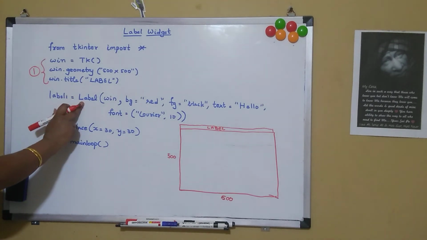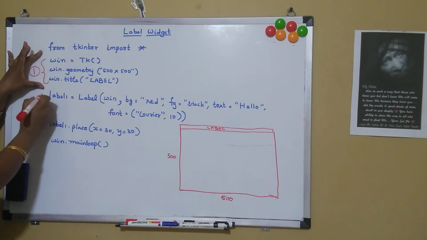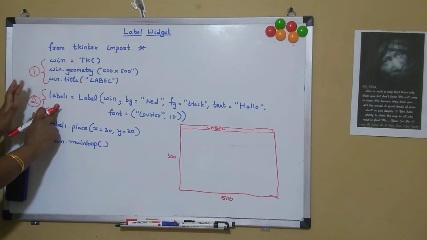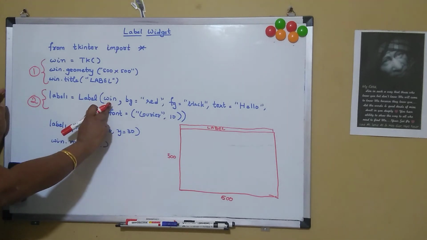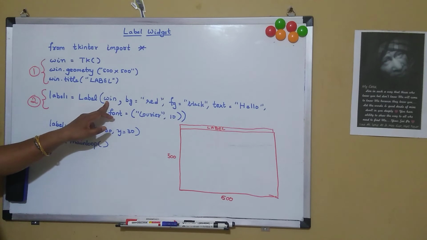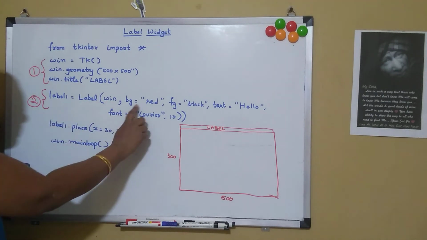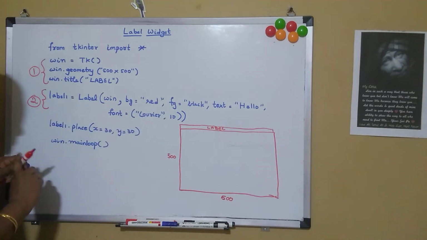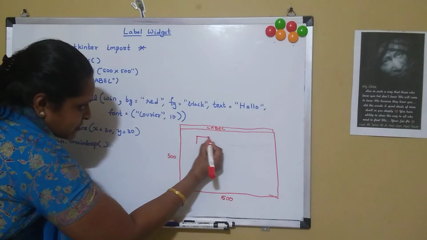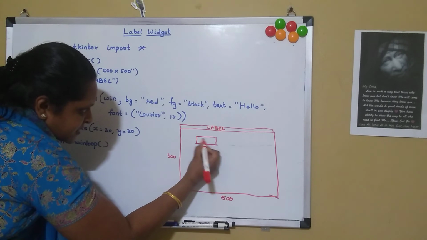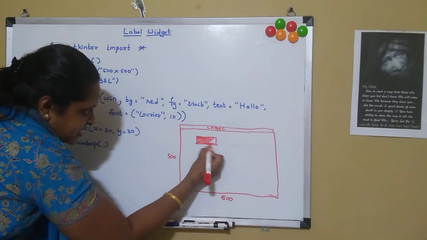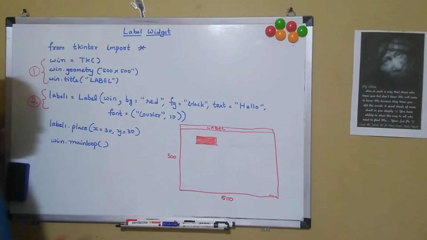Now I am creating the label widget. This was for the window. This is the second step wherein I am creating a label widget and placing it in the main window. The widget will have background color as red.